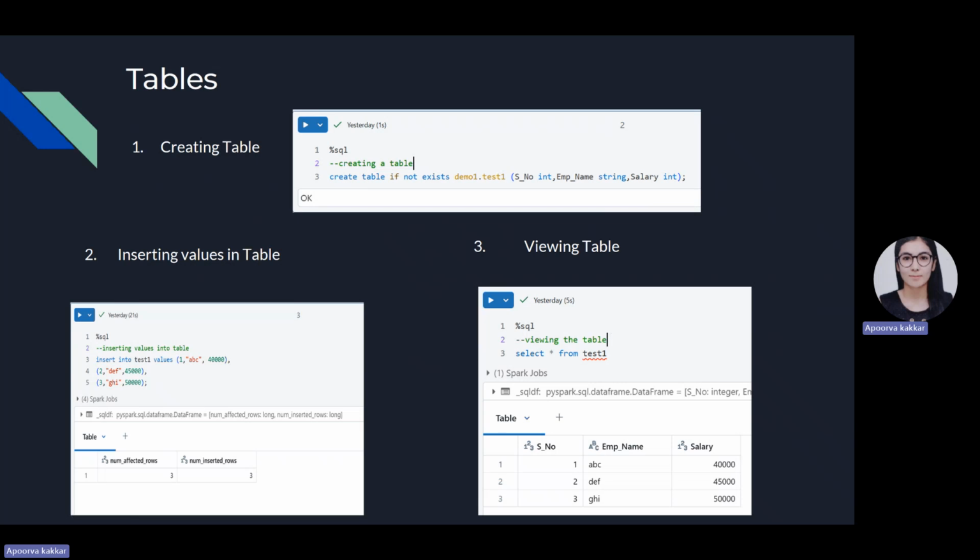This is an advantage of the Databricks platform, that if you don't write the semicolon, it will still work. The SELECT * FROM test1 means selecting all the values from the table test1. Here I could also have written SELECT submission number, employee name, salary FROM test1.